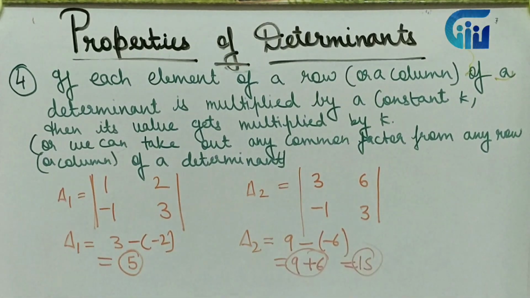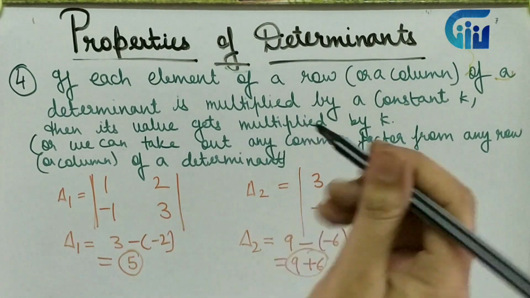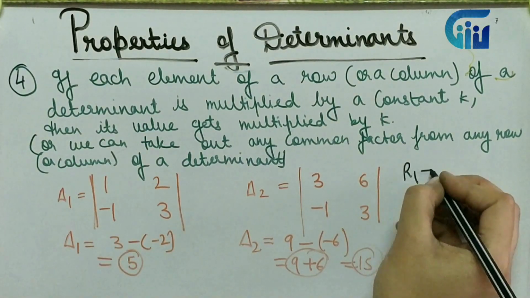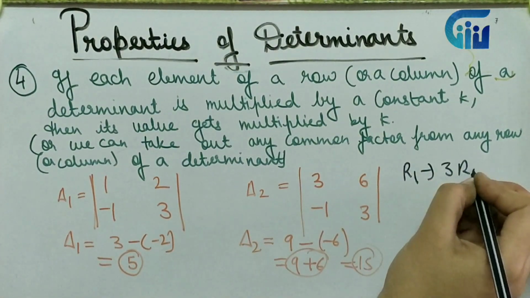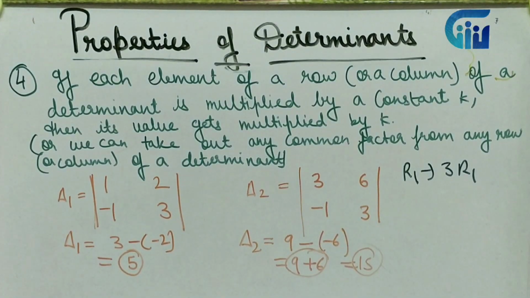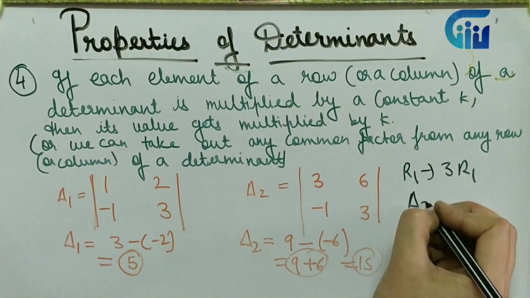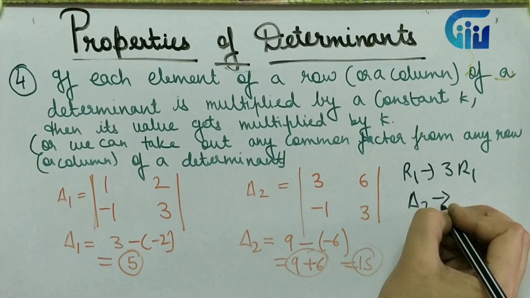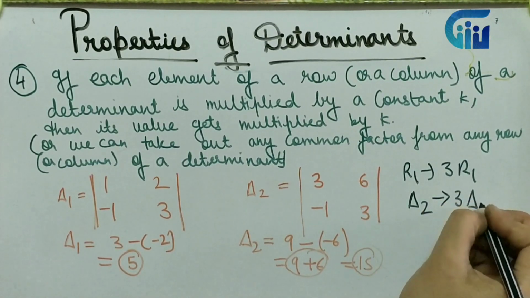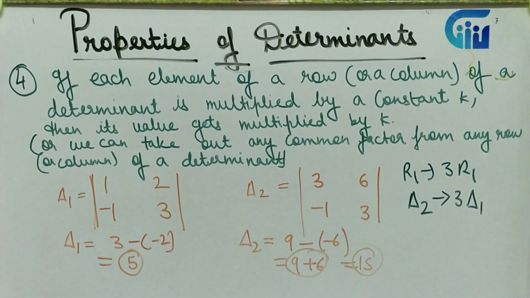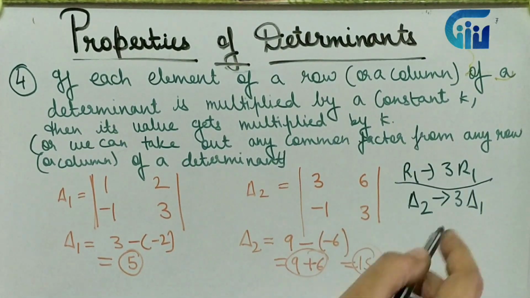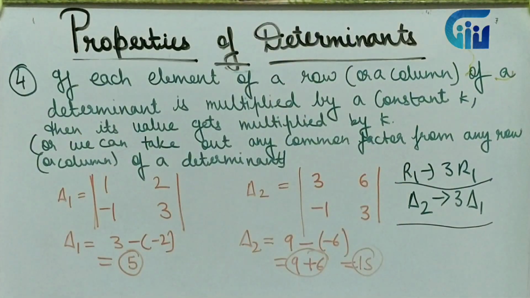So what did I do? I multiplied R1 by 3. I'll write it like this: the value of determinant 2 is 3 times the value of determinant 1. So if I multiply a row by 3, the value of the determinant gets multiplied by 3.